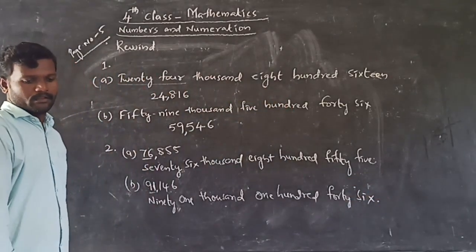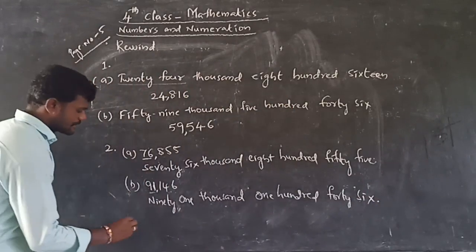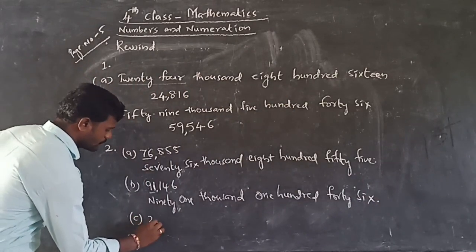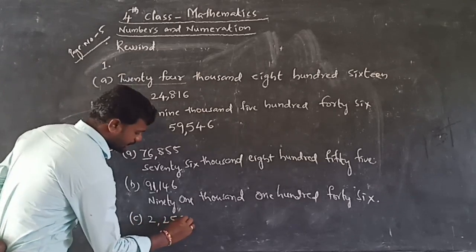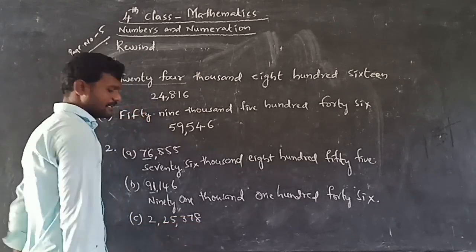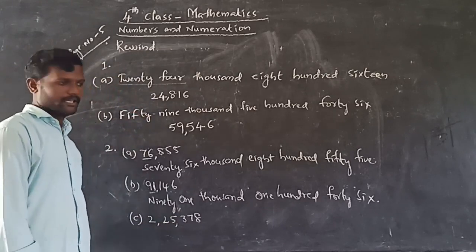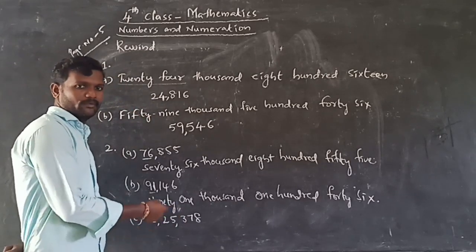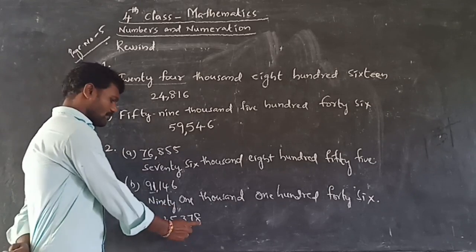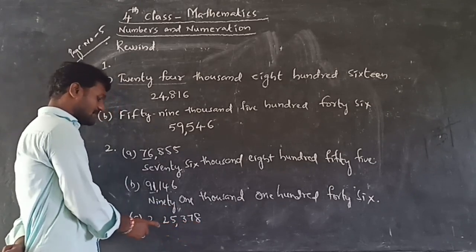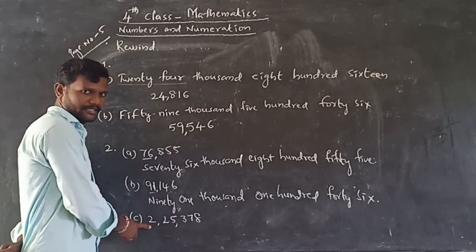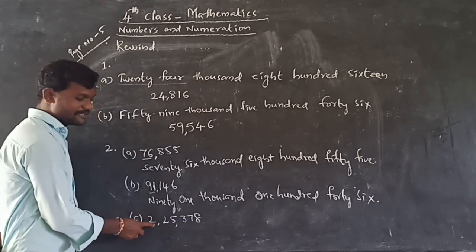Okay. Next digit. What is the next number given? 2,25,378. This is given. Okay. Once again observe how many digits. Which digit is the last one? Ones, tens, hundreds, thousands, 10,000s, lakhs. So lakhs is there. That's why 2 is in which place?